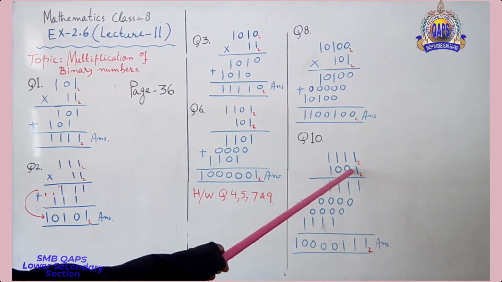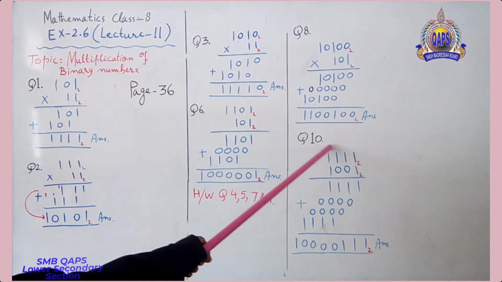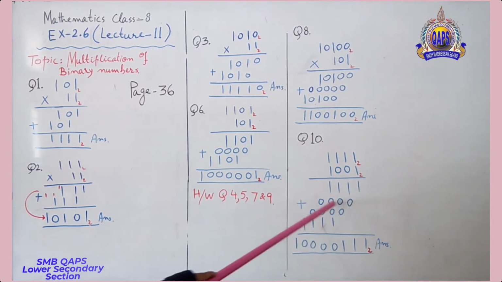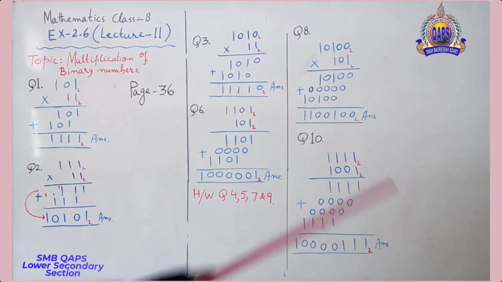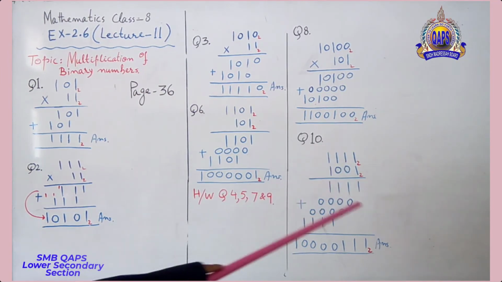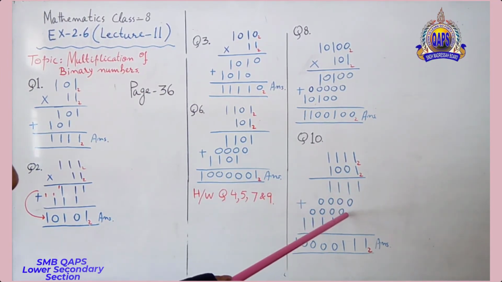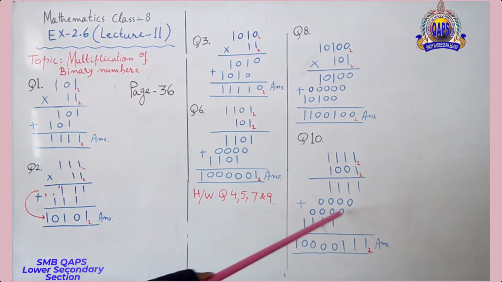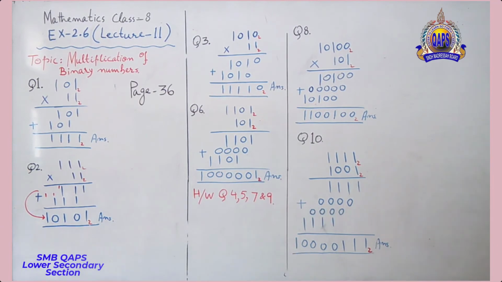Now multiply by 0. 1, 2, 3, 4. Put 4 zeros from the second digit. One more multiply by 0. 4 zeros from digit 3. Over here. 2, 3, 4. 4 zeros.